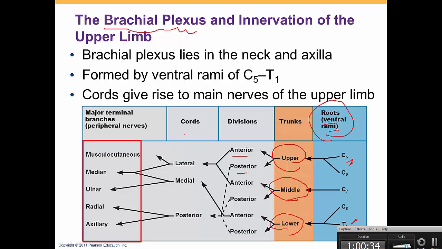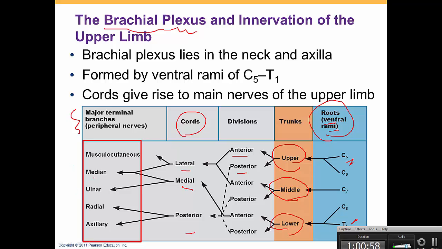Then these divisions come together and make a different organization. We call these cords. So we have the lateral, medial, and posterior cord. Then the cords will divide and give you your terminal nerves, which we need to know.